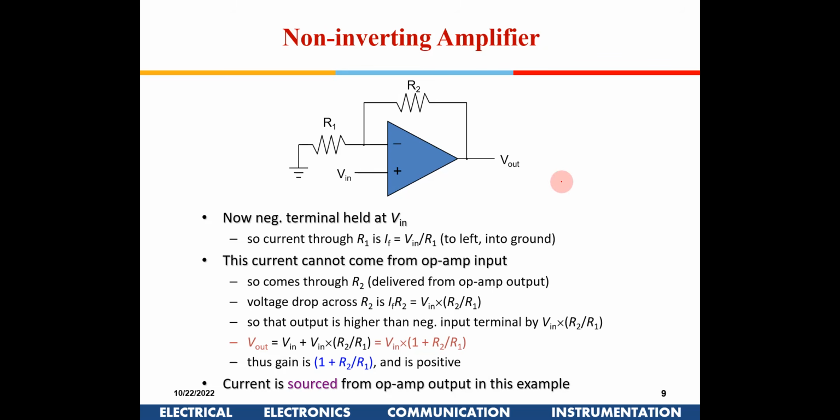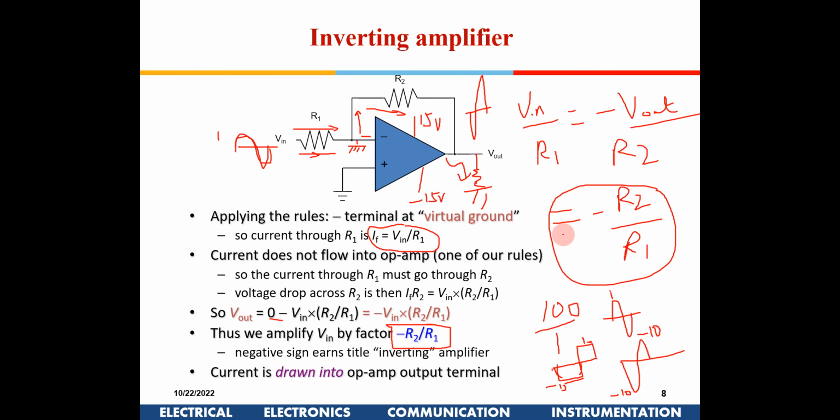Sir, can you explain that virtual ground concept? Why do we call this so? Because we are saying this terminal and this terminal will follow each other. So this voltage will be close to ground, but there is no actual ground connection at that terminal, and that is the reason we call it virtual ground. Because this is in a negative feedback configuration, the voltages at plus and minus will follow each other very closely.